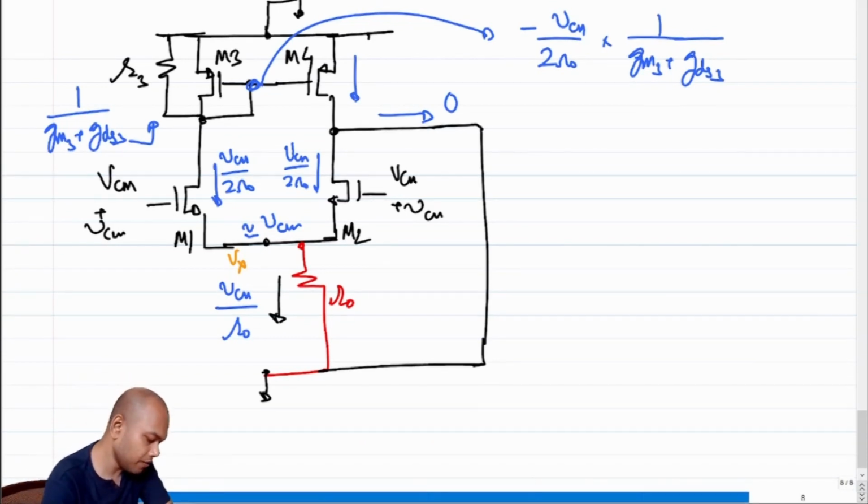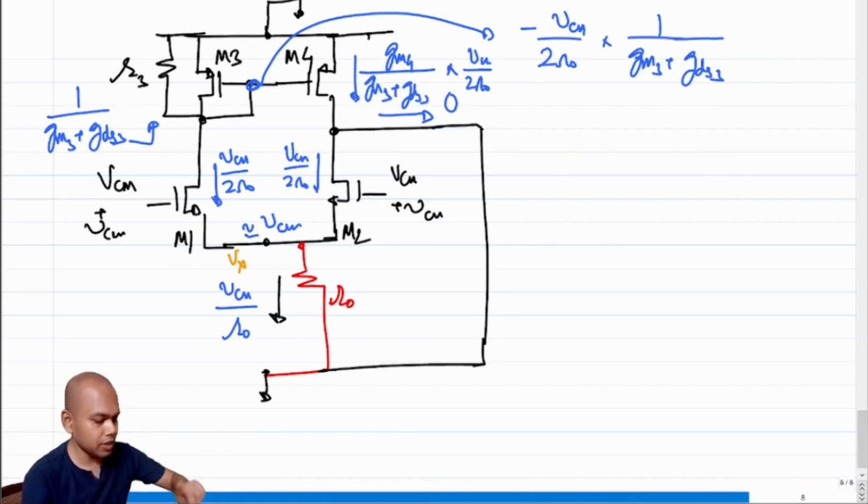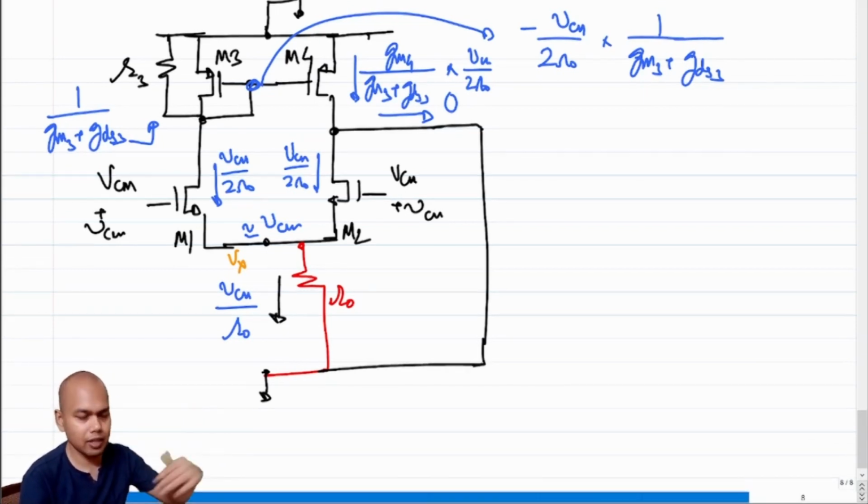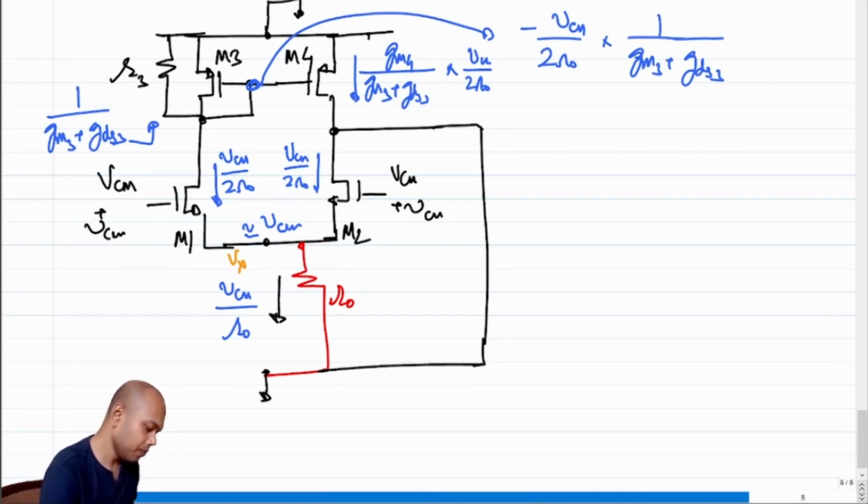So if this is the case, what is the current through M4 in the direction pointing downwards? This will be GM4 by GM3 plus GDS3 times VCM by 2 R naught. Using the incremental model, you can as well say it's pointing upwards with a minus direction, right? Because VG is negative, right? But I can as well say I flip the current direction and point it towards the ground, towards bottom, right?